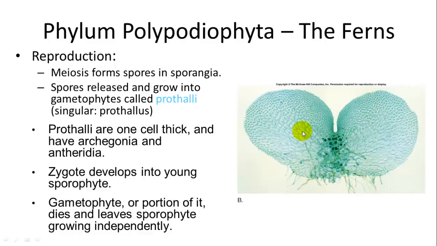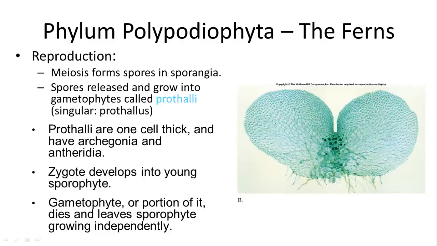They are one cell thick, and they have archegonia and antheridia on the underside. When the archegonia and antheridia produce sperm and egg, the sperm will fertilize the egg in the archegonia, and then that zygote, fertilized egg, will develop into a sporophyte, which is the conspicuous form.